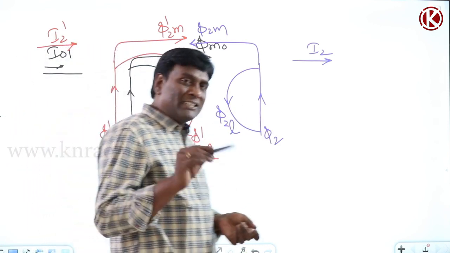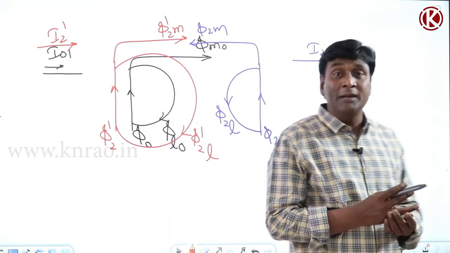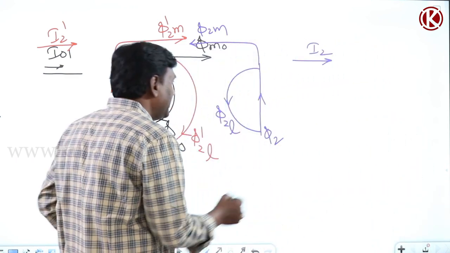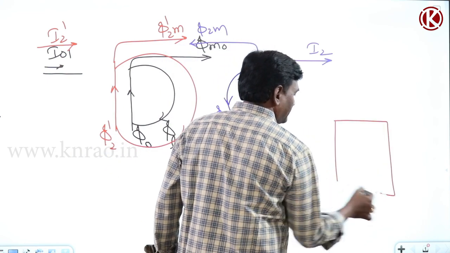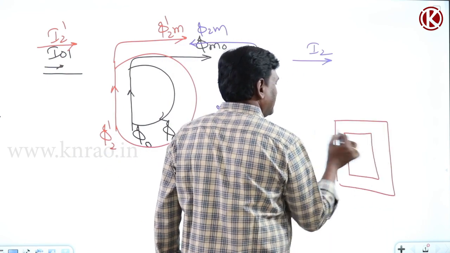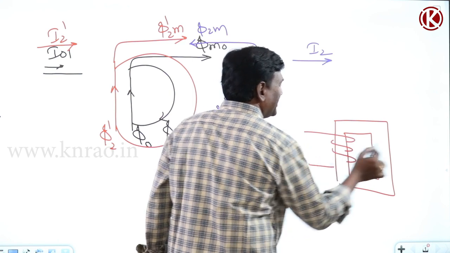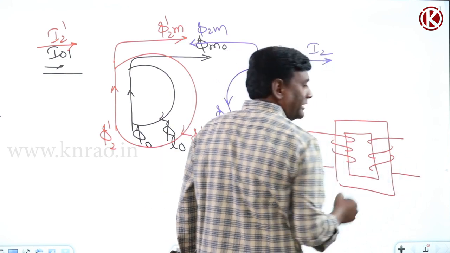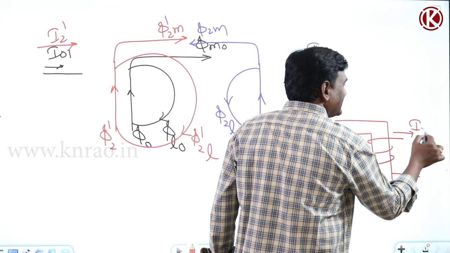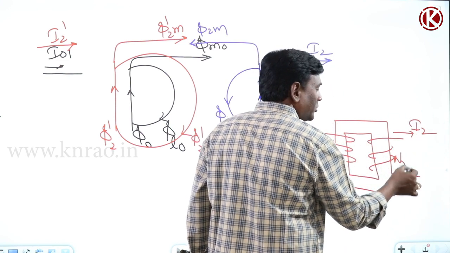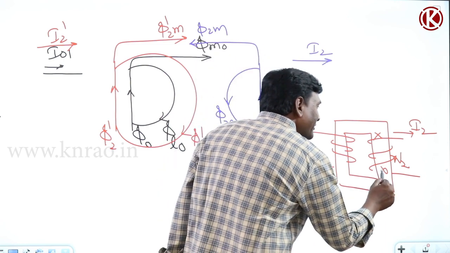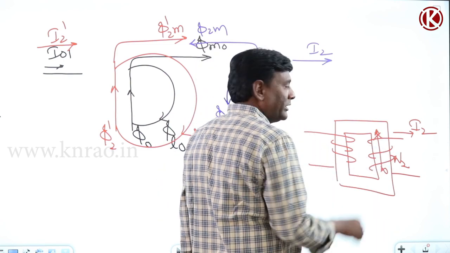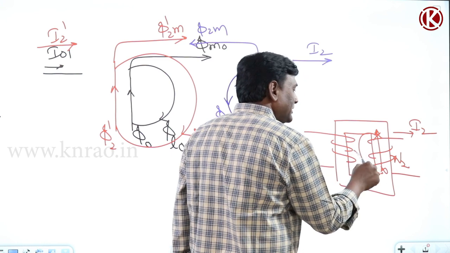Now my leakage flux will be decided by whom? For example, if I see this is my transformer, and if load current is flowing through N2, it will create MMF across this, I2 N2. Because of that, flux will be produced, and out of that leakage flux will go in this direction.